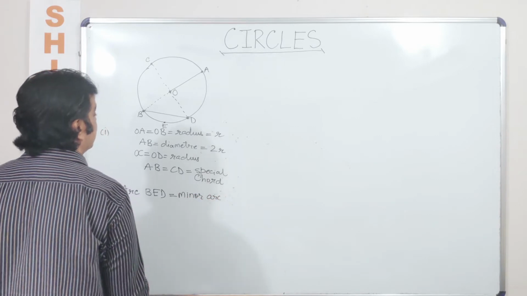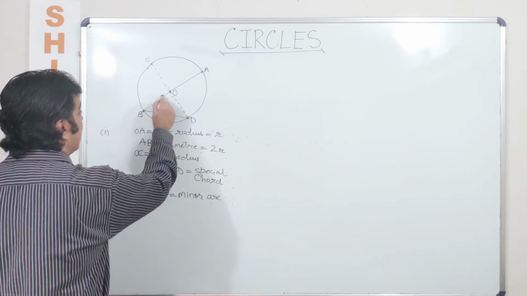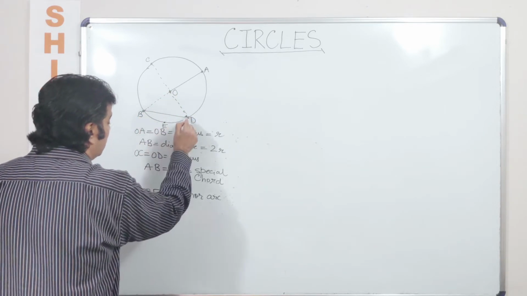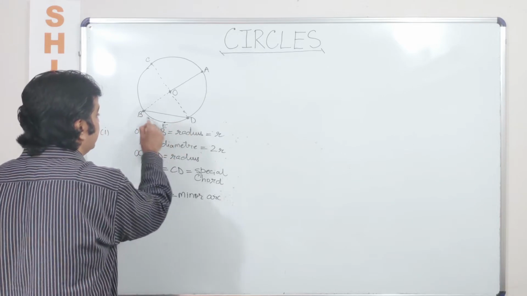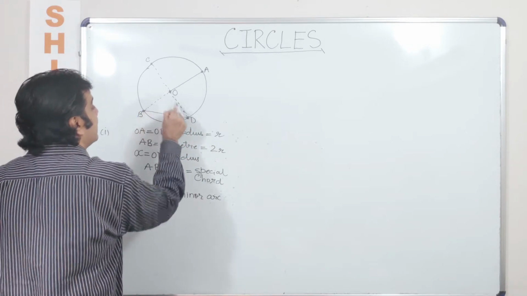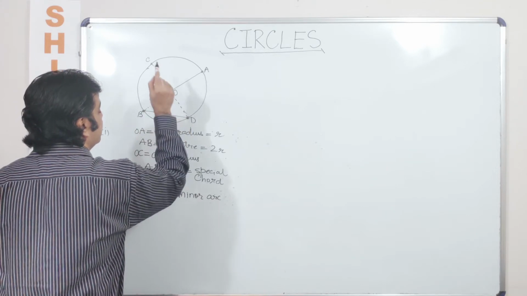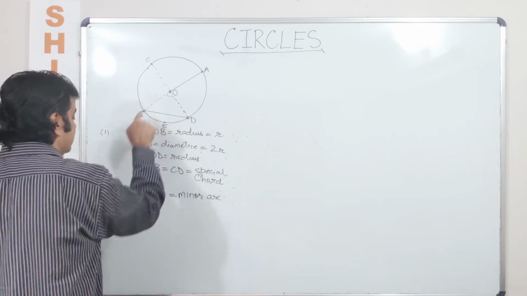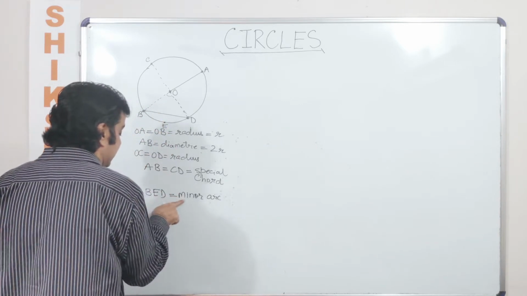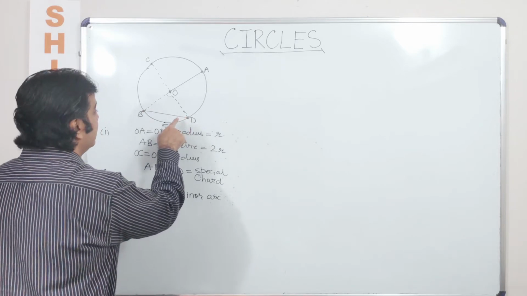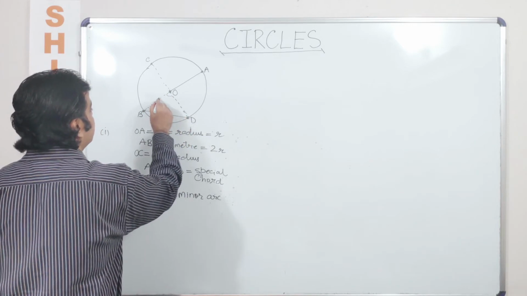And why do I say this becomes a minor arc? Because of the angle which is subtended by this arc, resulting into a chord, and this angle which is subtended at the center is known as the angle subtended by the arc. So the angle subtended by the arc is nothing but the chord that is formed because of the arc, which subtends the angle at the center.